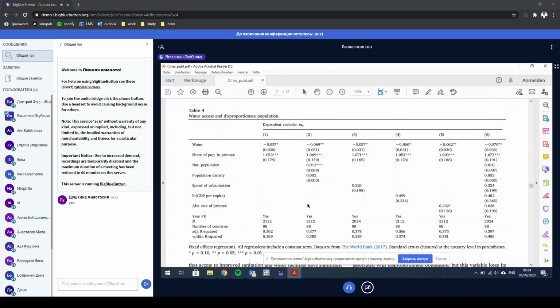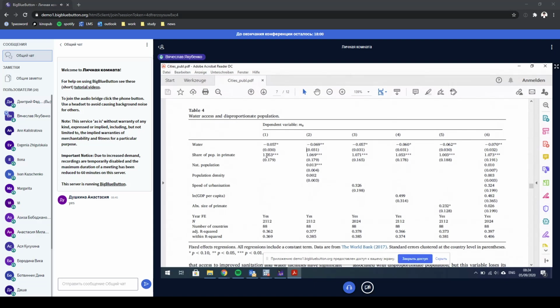From reading this table, you would say that we see a negative, not strongly significant, but still statistically significant relationship between access to water and migration to the primate city.